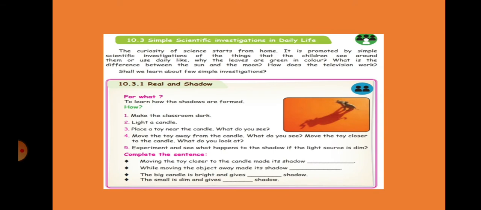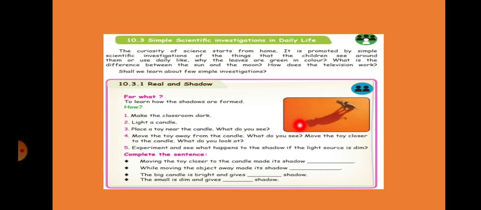Okay, and then we have learned some simple scientific investigations in daily life, like see here, real or shadow. If we keep one room dark, and light a candle, and place any toy near the candle, you will see a shadow like this, right?